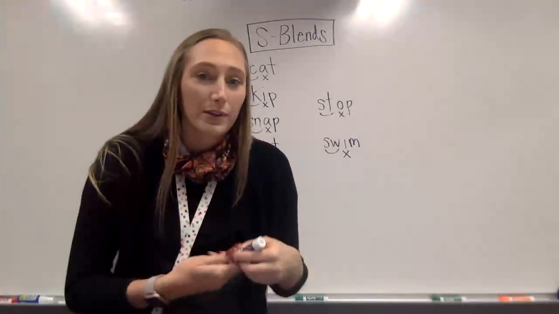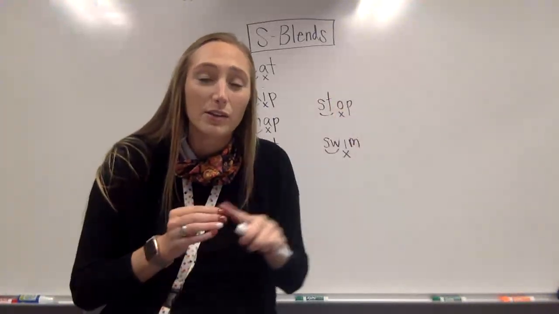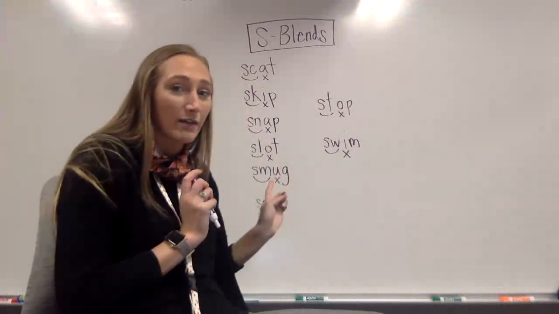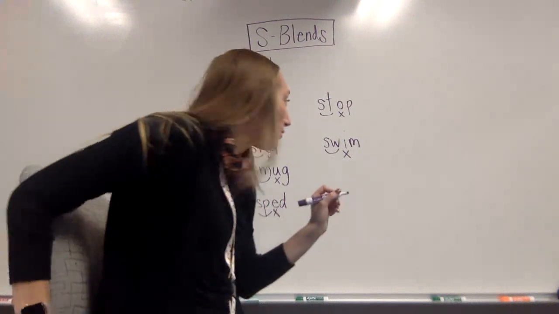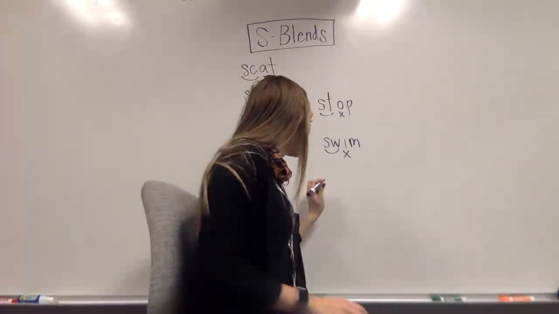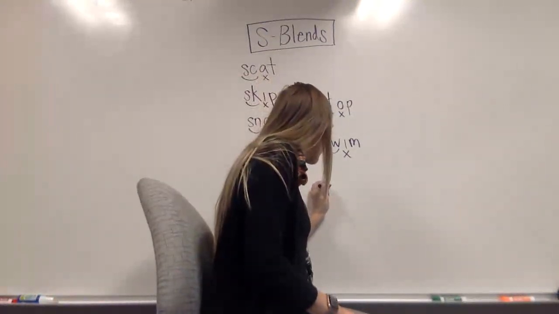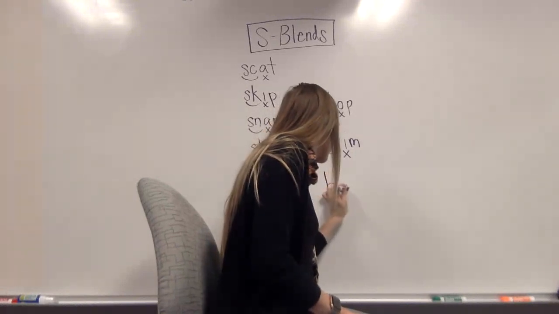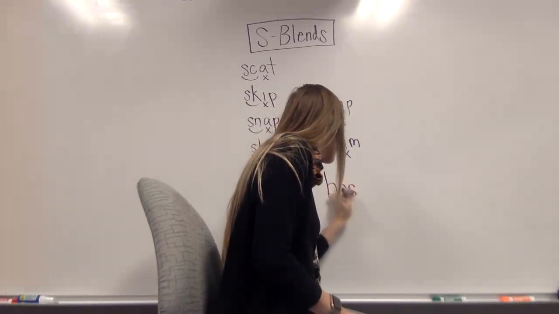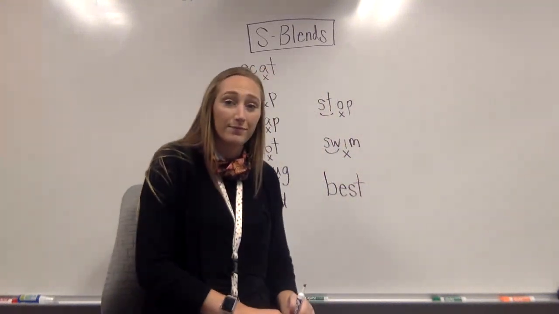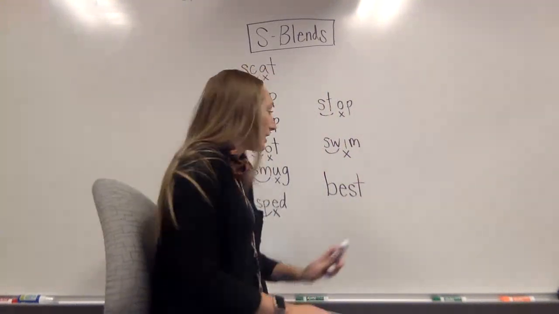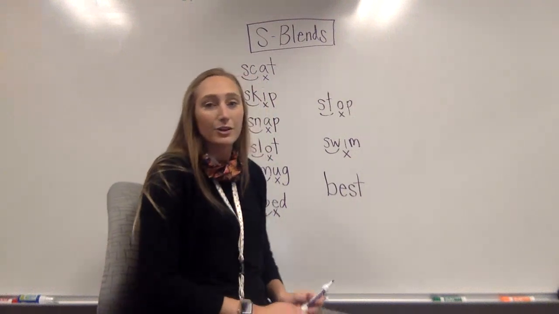But sometimes, boys and girls, these S blends aren't always at the beginning of your word. Sometimes they're at the end of the word, and it's really cool. So what about this word? I want you to write this on your notebook. And when you're done, I want you to try and say it to yourself.